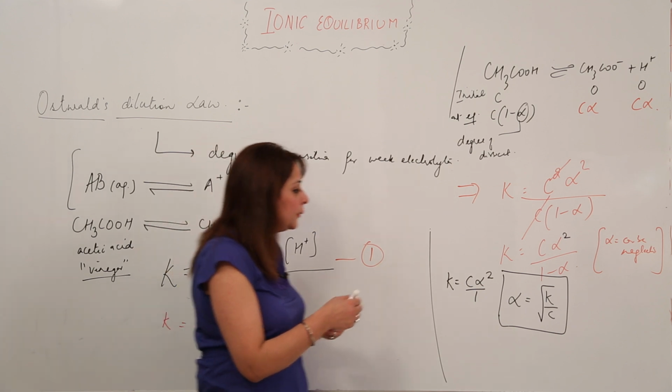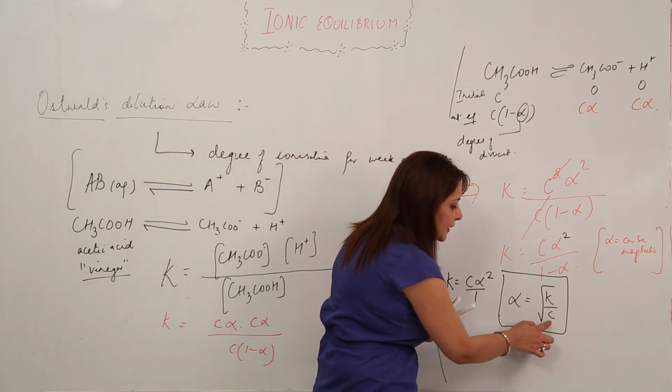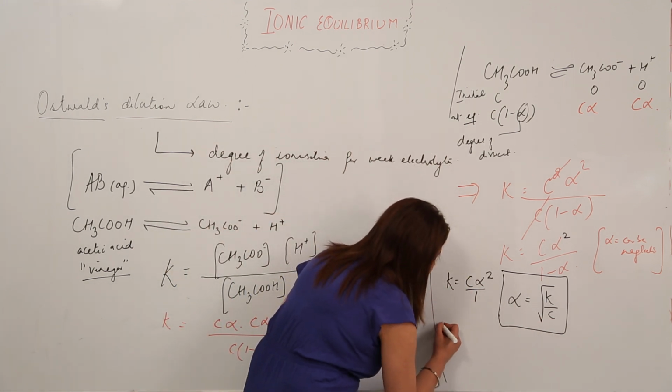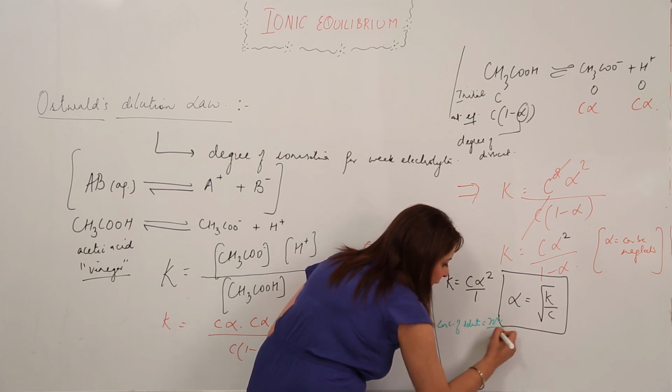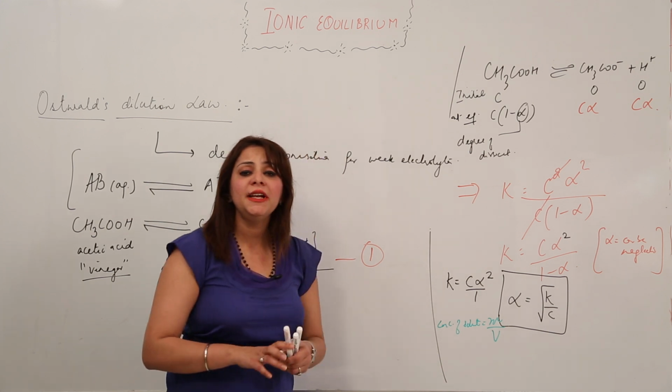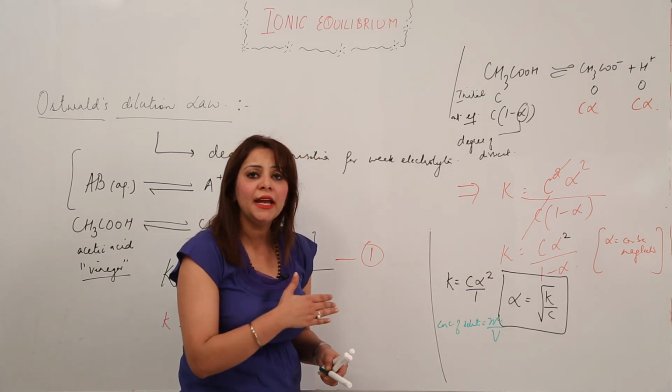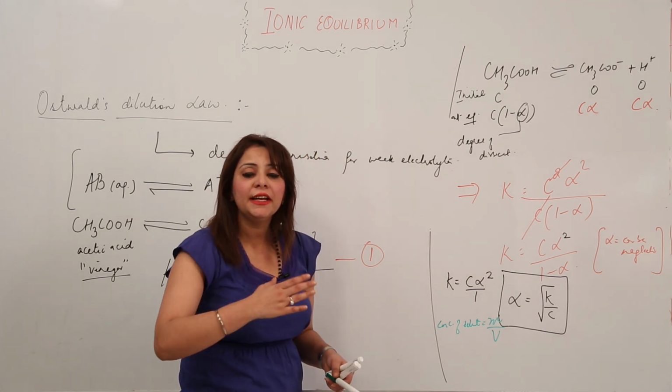We can state this law in another form also, right? Just look at the board, what I am doing. This is the concentration. Suppose the concentration of solute is in moles per liter, where M indicates moles and V indicates the volume.